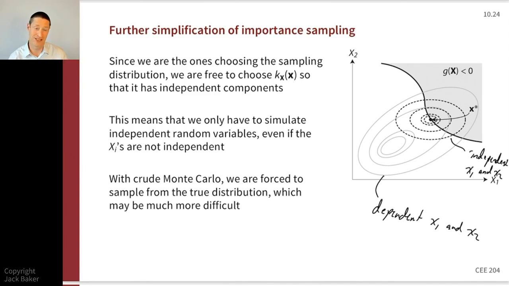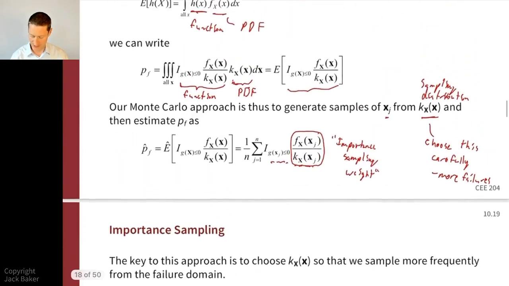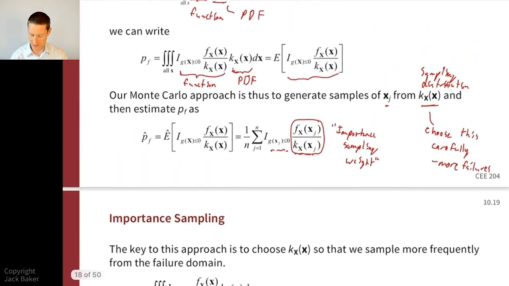And so for Monte Carlo simulation, that's convenient. I can just sample my X1s, sample my X2s and put them together, and I don't have to worry about that dependence. The dependence is still in the problem, and my probability of failure is still going to account for it, but in the importance sampling way. So I'll sample k of x from an independent distribution, but then when I go to my importance sampling weight, let's go back up to the formulation for it.